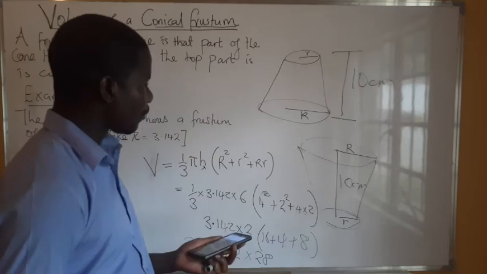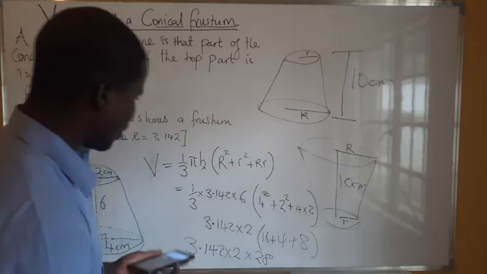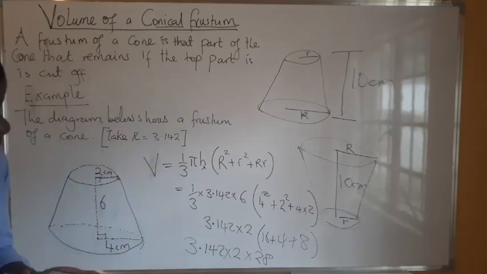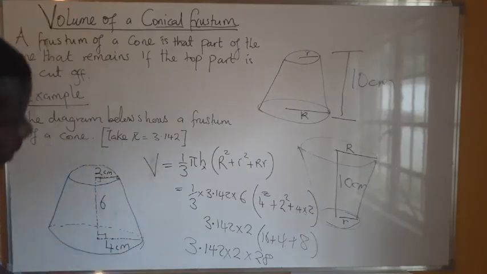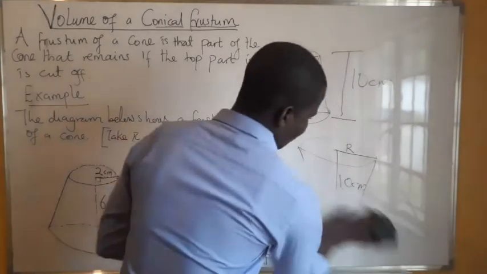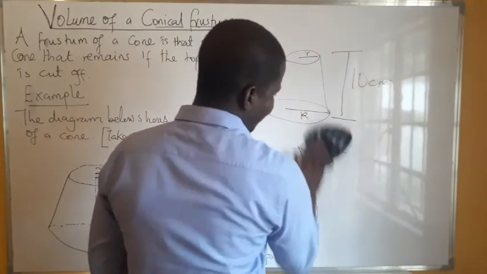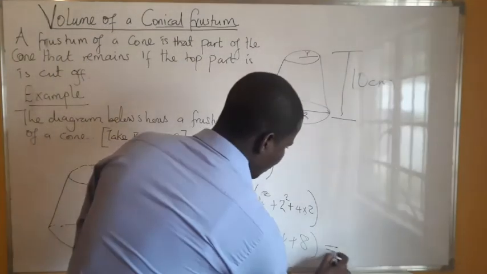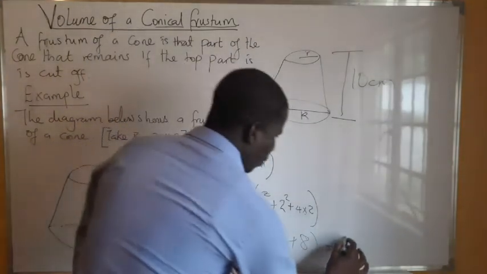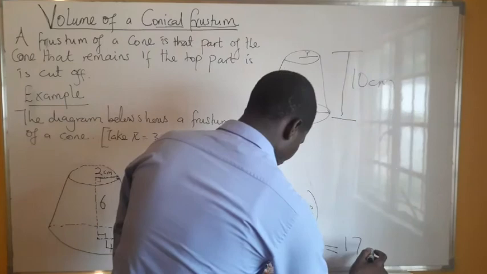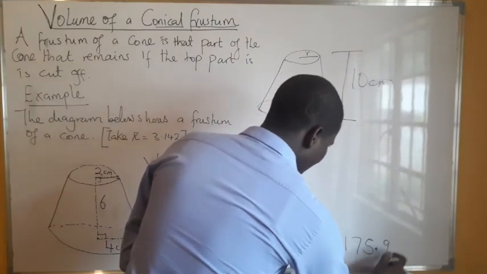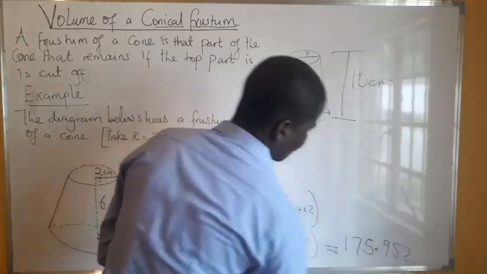Okay, so for me here what I'm getting is, what are you getting? Work out something so that before you see mine, maybe there are differences. Here I'm getting 175.952.